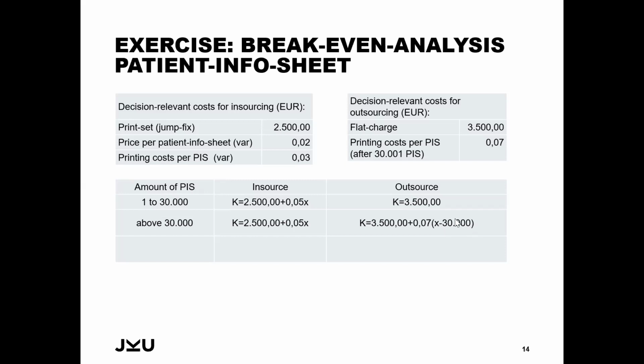And we must include that minus the 30,000 patient information sheets that belong to the first cost function of alternative 2. So X must be higher than 30,000, namely at least 30,001. And therefore the function is written like that, plus 7 cents times X minus 30,000.